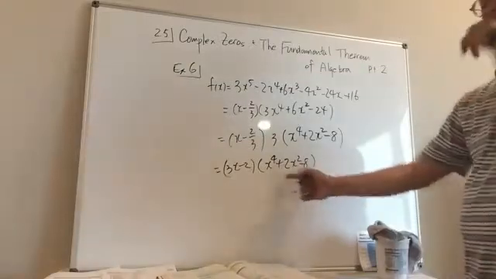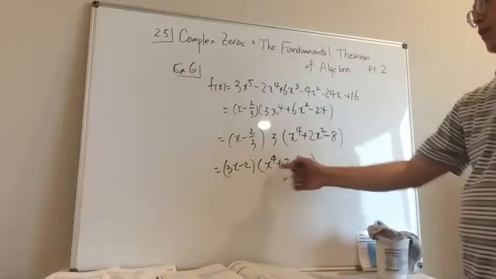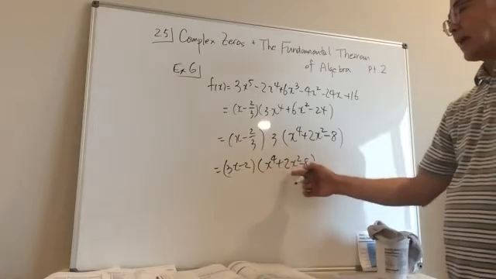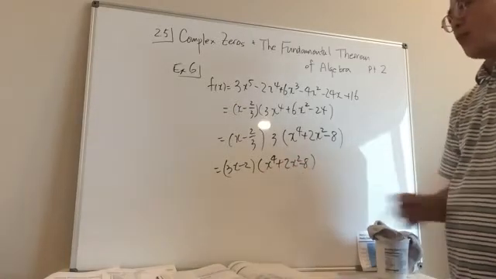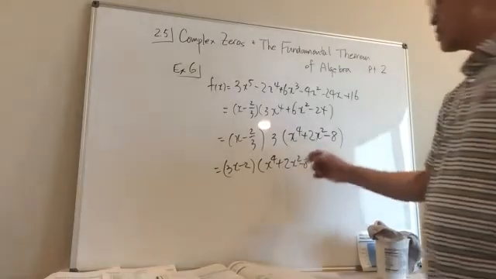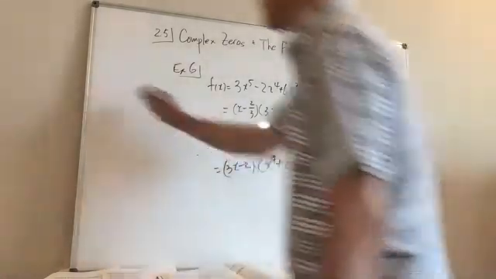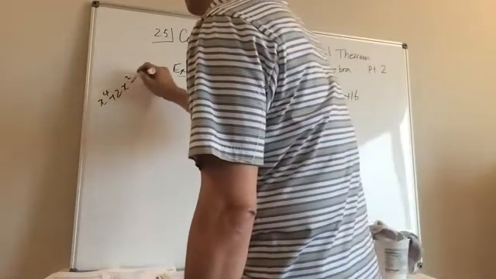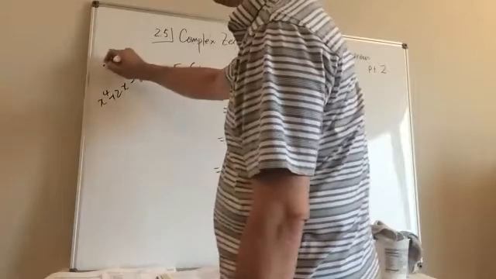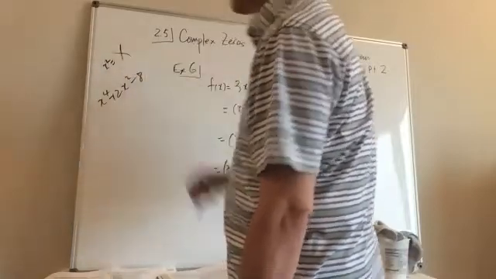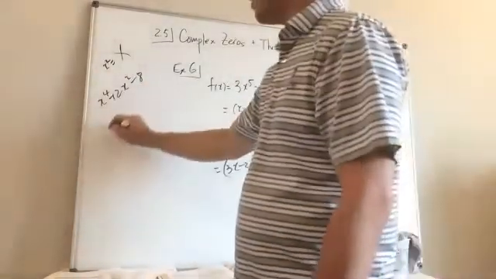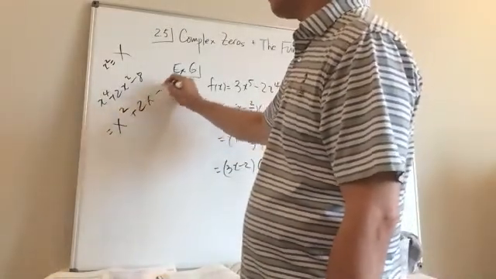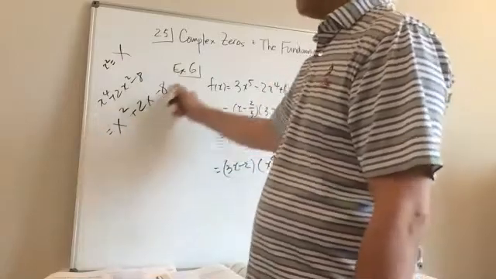So what do we have left here? That's a 4th degree equation, but it also looks like a quadratic form. If we look at x to the 4th plus 2x squared minus 8, and I call x squared the large X, this is really large X squared plus 2X minus 8, which is definitely a quadratic form.